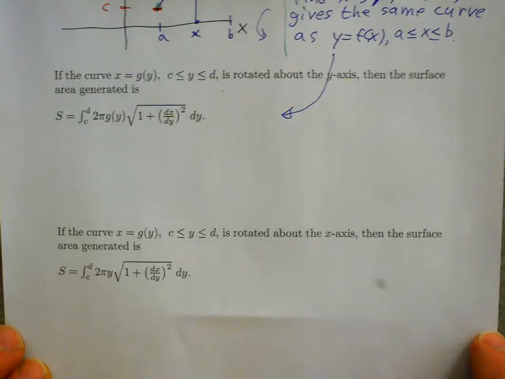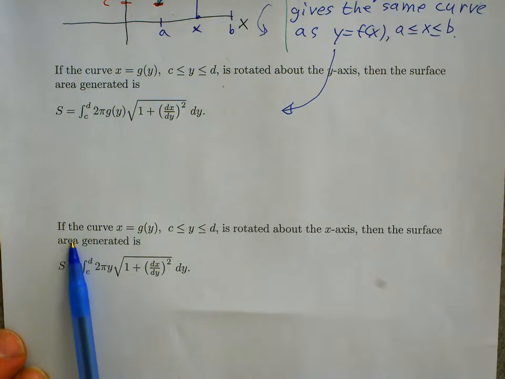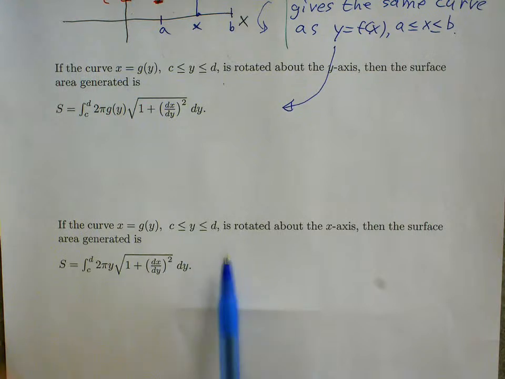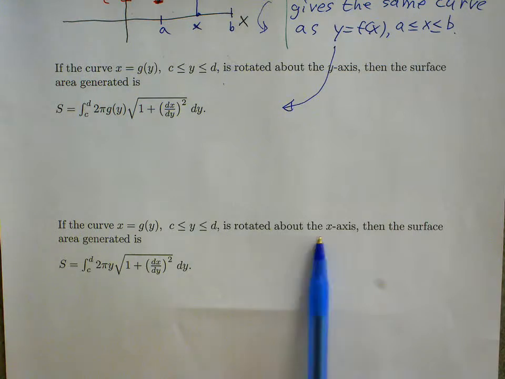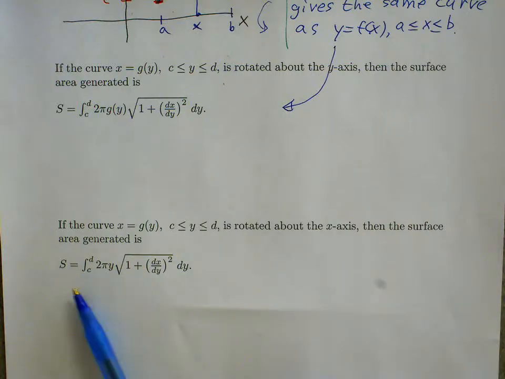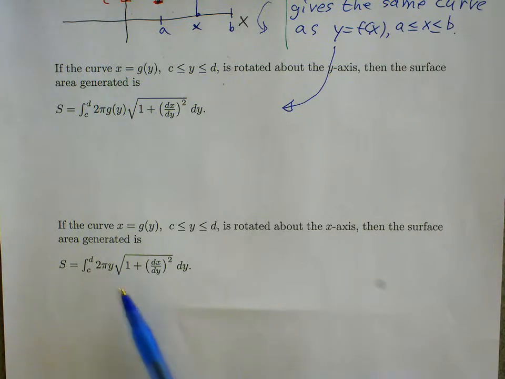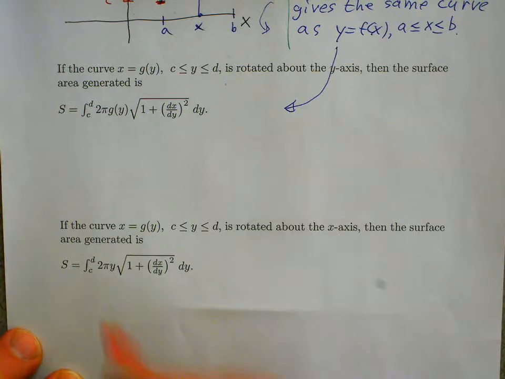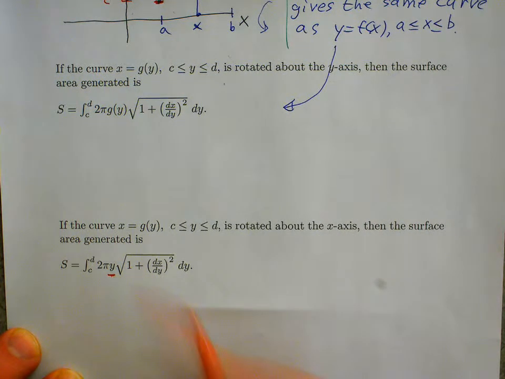Along the same lines, if we have the curve x equals g of y for values of y from c to d, and if we rotate this about the x-axis instead, then the surface area generated is the definite integral from y equals c to d of 2 pi y times the square root of 1 plus dx dy squared dy. So we're not using g of y this time, we're using y.